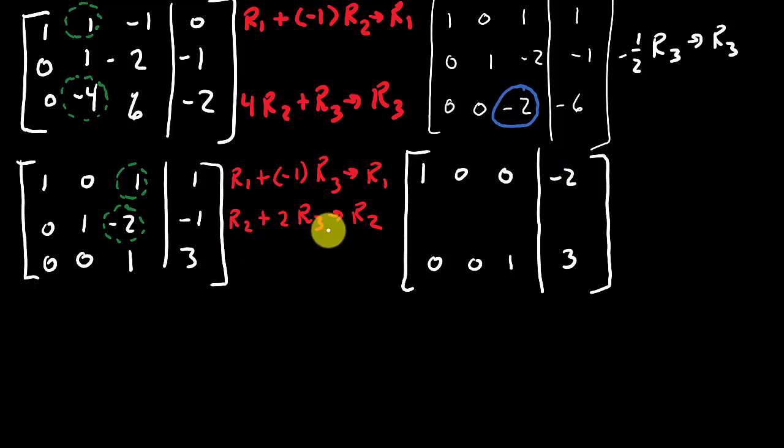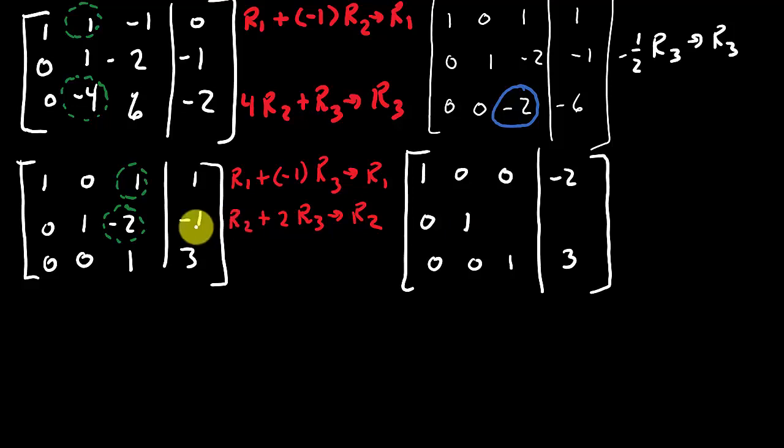Now let's do row 2. So that's going to be row 2 plus 2 times row 3. So, well, that's just 0 plus 0 is 0. And this is going to be what? Row 2, which is 1, and 2 times 0 is 0, so 1 plus 0 is 1, so that's working out nice.